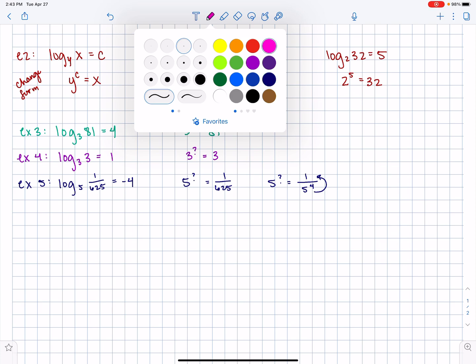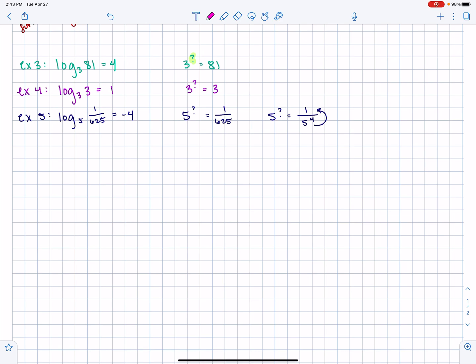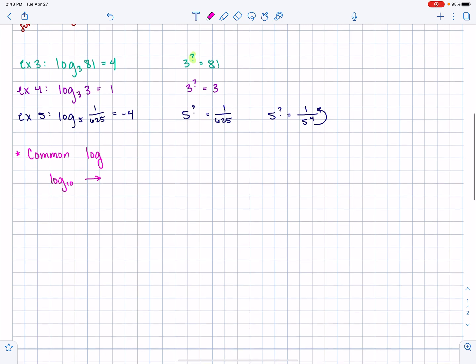So just a few notes here is that you're going to run into two specific types of logarithms. The first one is what we call common log. Common log is what your calculator uses, and common log is log base 10. We write this simply as just log. So it's the log button on your calculator.